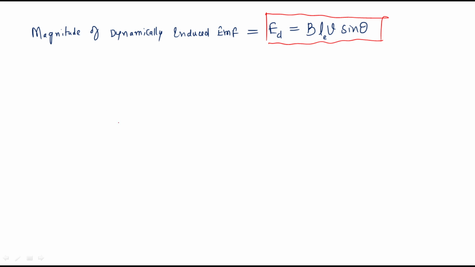So how can we get that? Let us say this is the conductor and the current is leaving. This is the velocity of the conductor, this is the dynamically induced EMF, and this is the magnetic flux density.